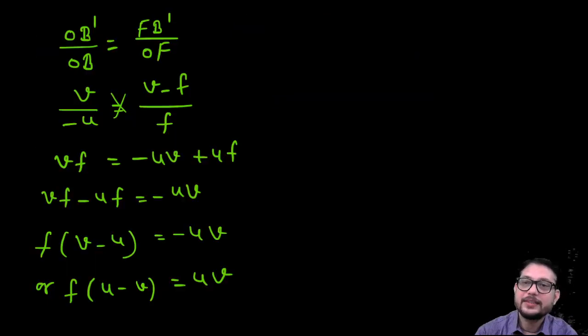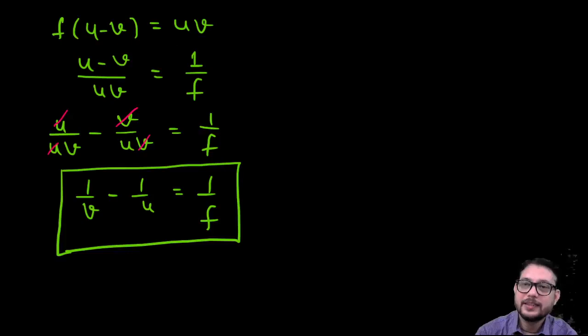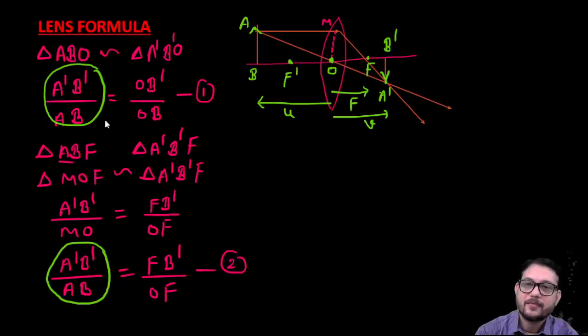So if we look at the relation, where is the relation? This one. This is A'B' upon AB, the height of the image and the height of the object, and OB' upon OB. In place of this, you can also write FB' upon OF.